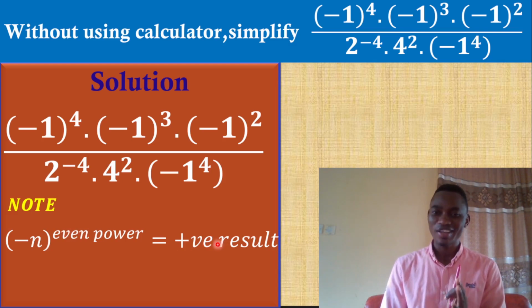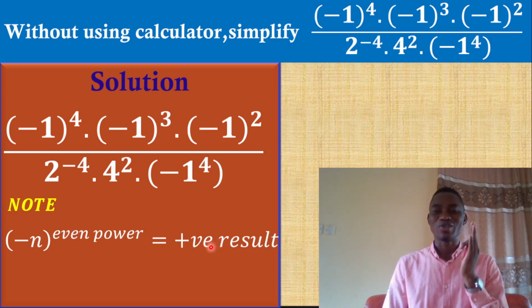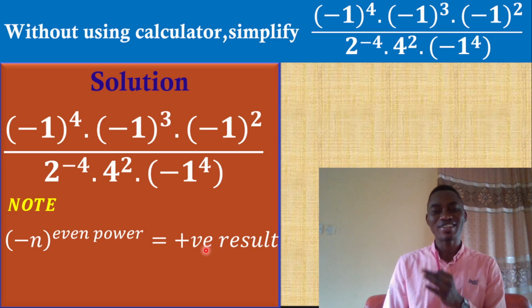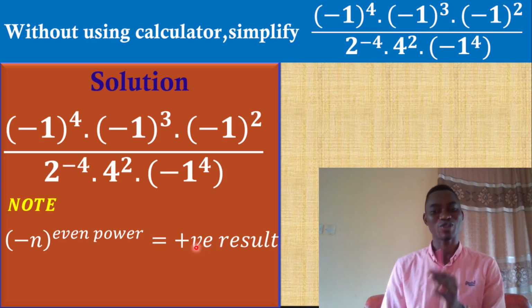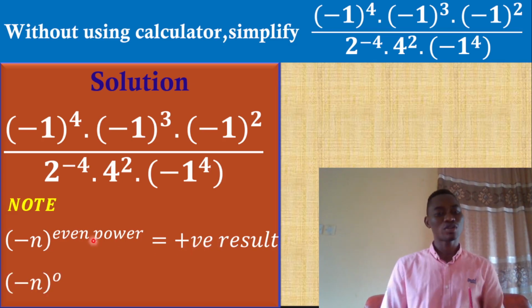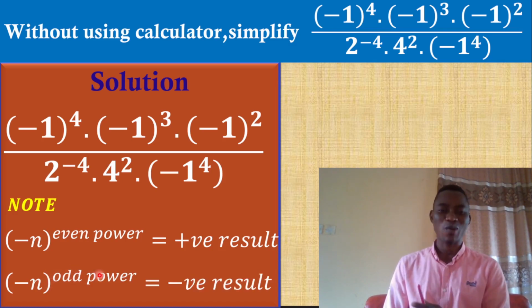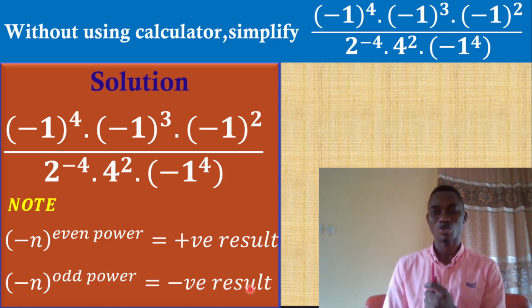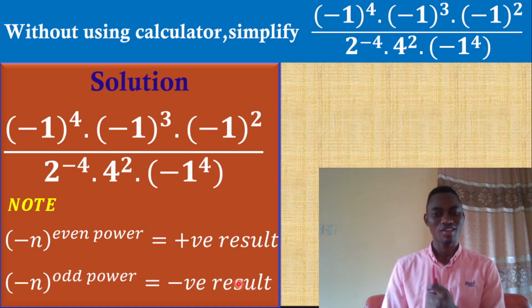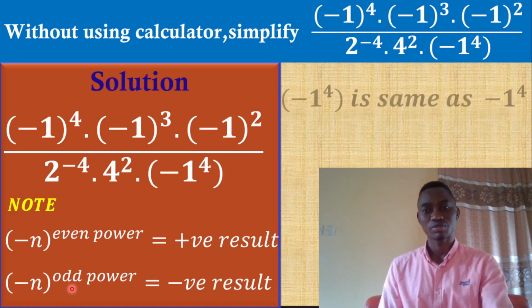Is that clear? I wish you get a pen and write this down. It will really help us here. Then secondly, a negative number raised to an odd power always returns a negative result. All right, let us proceed.